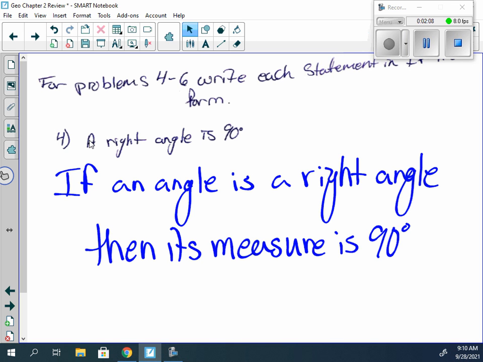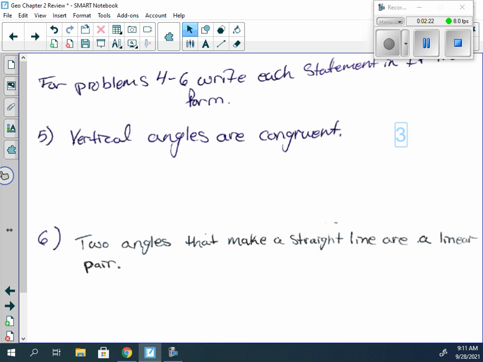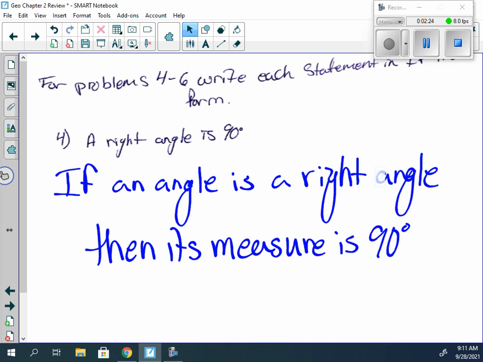I can't say if a right angle then is 90, because that just doesn't make grammatical sense, and we need a way to prove it. Can you put if an angle is 90 degrees? Yes, because this is a biconditional statement, it works both ways. If an angle is 90 degrees, then it is a right angle.